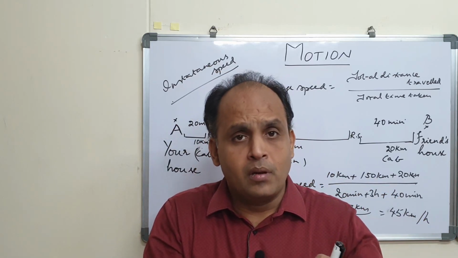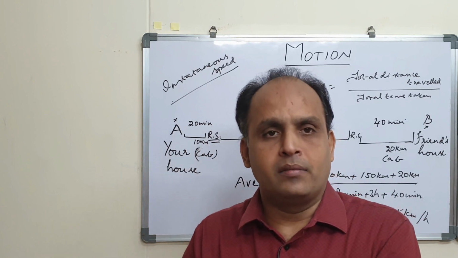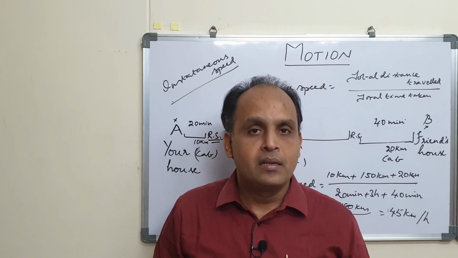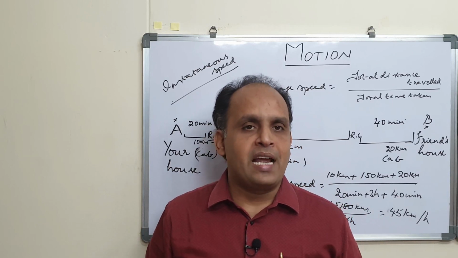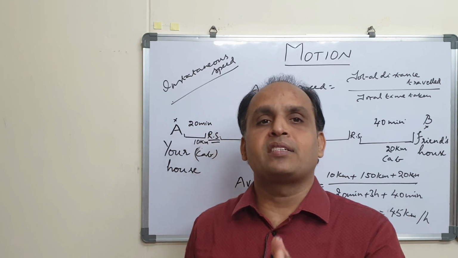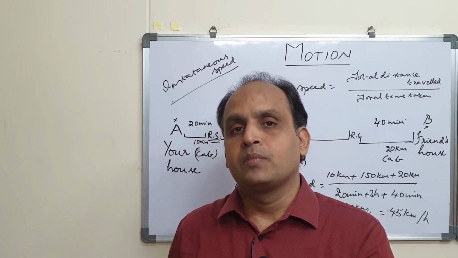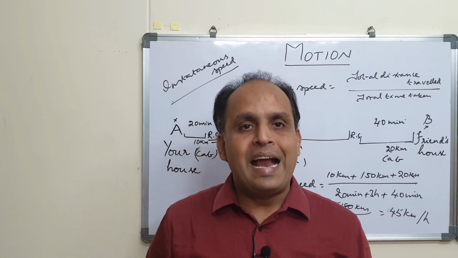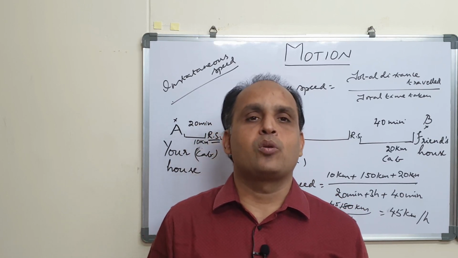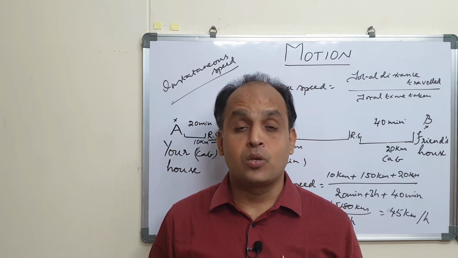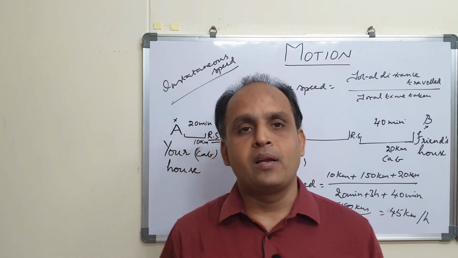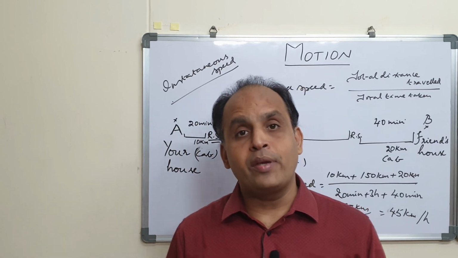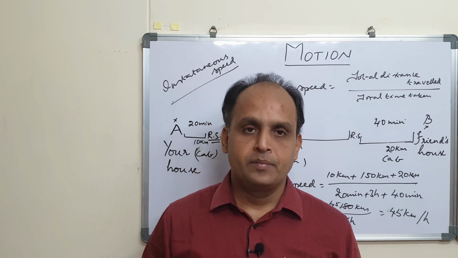So at any instant, if you look at the device in your automobile, whatever speed you notice at that moment is called instantaneous speed. So instantaneous speed is defined as the speed of an object at any instant during its course of motion when it is going at a variable or non-uniform speed.